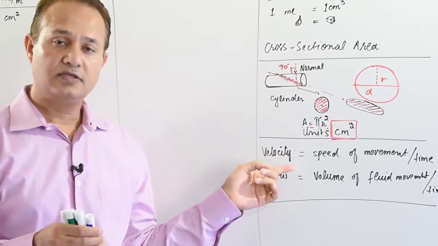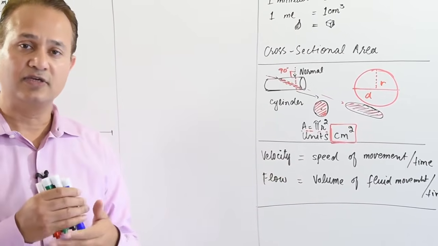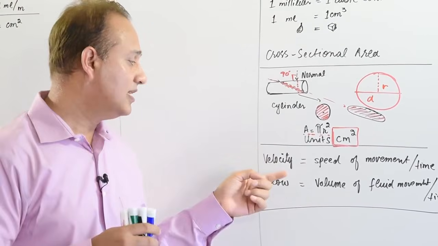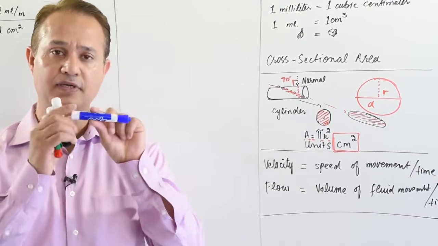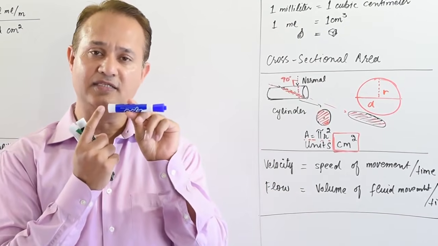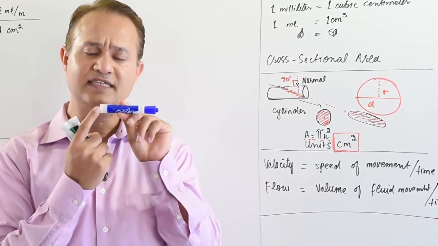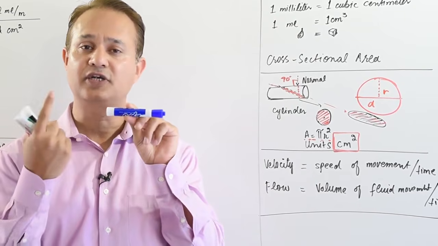Then one more difference in hemodynamics that a student must know, that is, the difference of velocity and flow. Look, in a pipe, velocity simply means how much distance will be covered in a unit time.